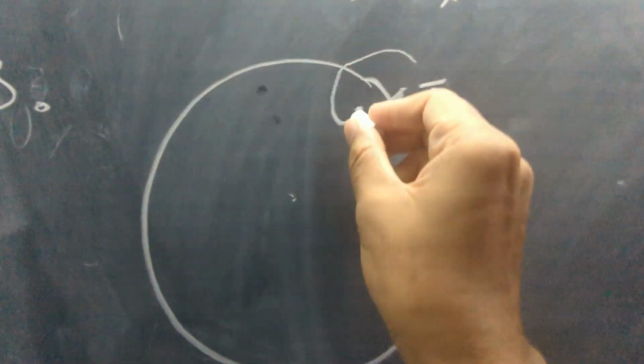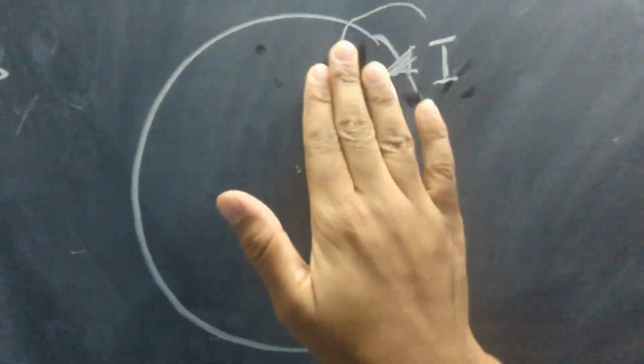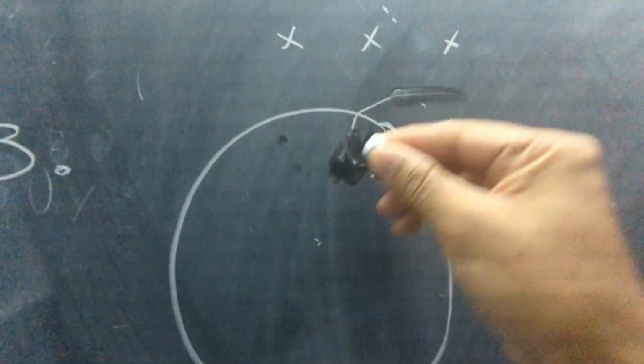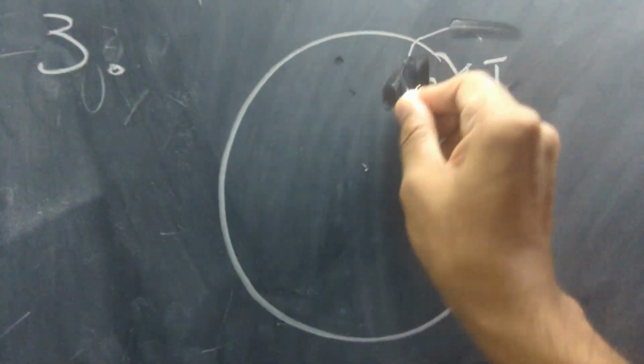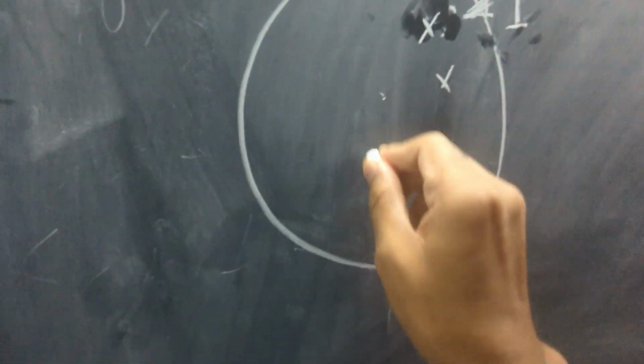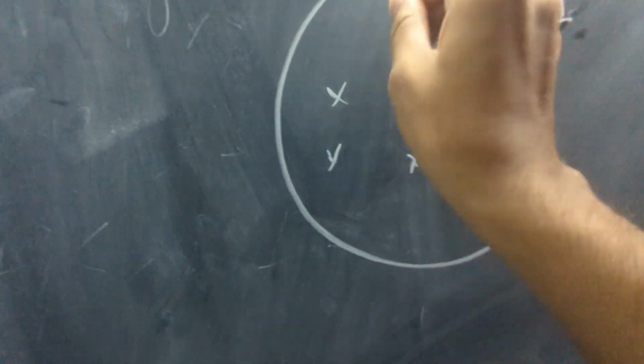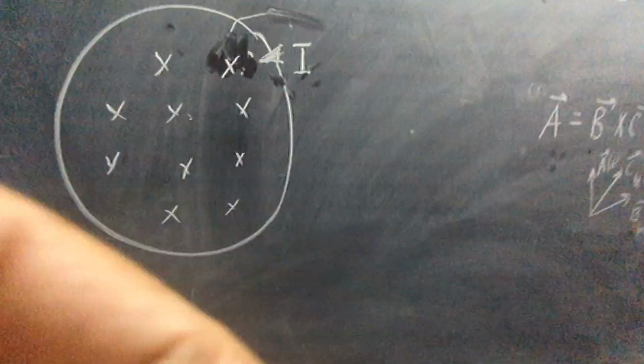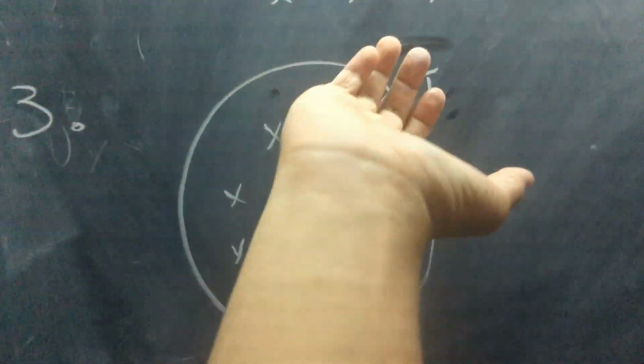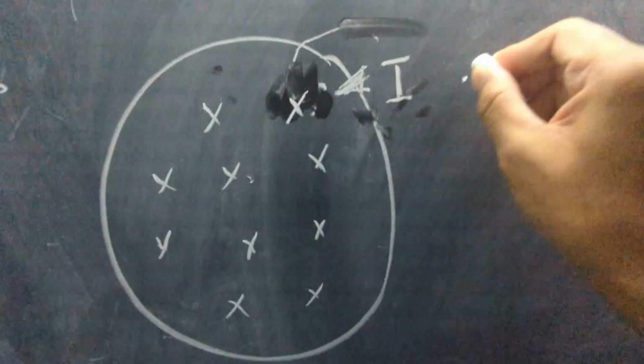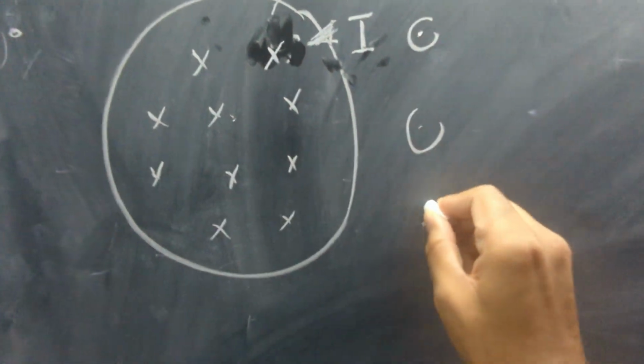Inside the circle, the magnetic field is going into the board, and outside the circle, it's coming out of the board. So here it's like that all the way.